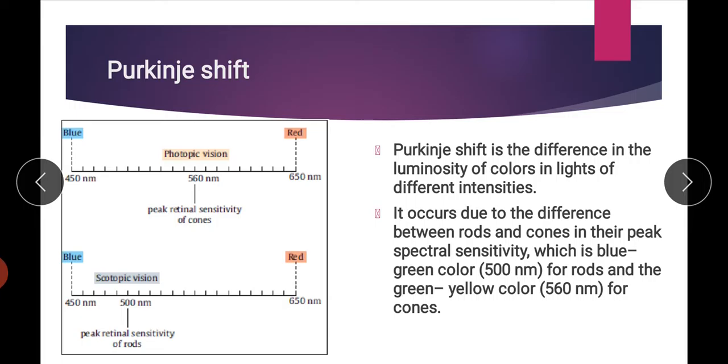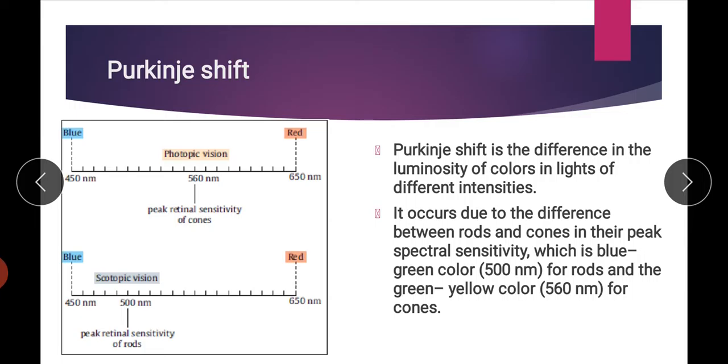So this difference in luminosity of color in light of different intensity is known as the Purkinje shift. Now how do photopic vision and scotopic vision affect color? In one experiment it is seen that at dusk, when the light is dim, if we look at a blue flower, any flower with a blue color, it appears to glow.